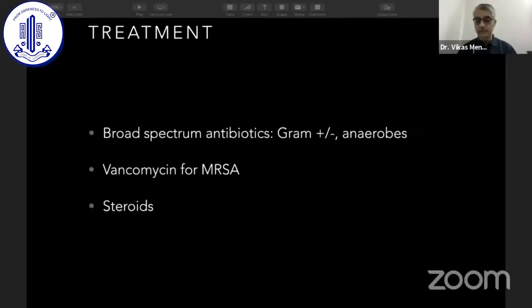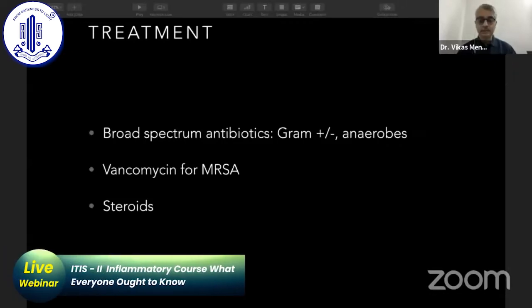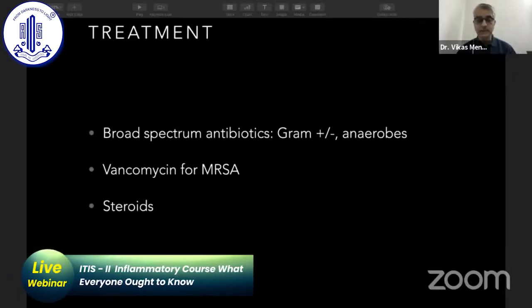It helps in quicker resolution of all the signs and symptoms, and it also helps to protect the nerve from the inflammatory mediators. So once the acute infection has been taken care of, the disease is on a downswing, then adding steroids is not a bad idea.